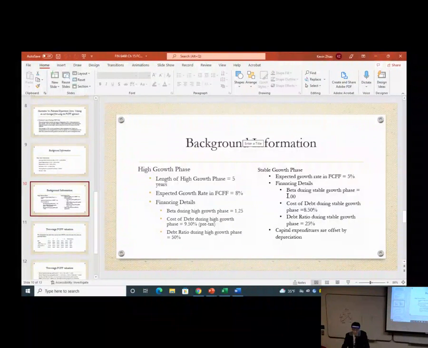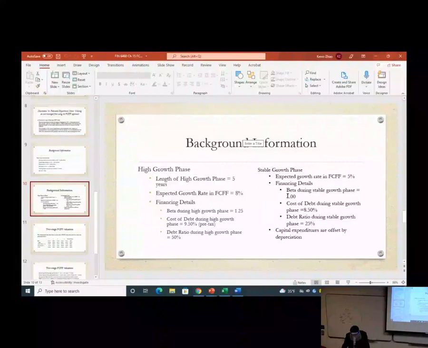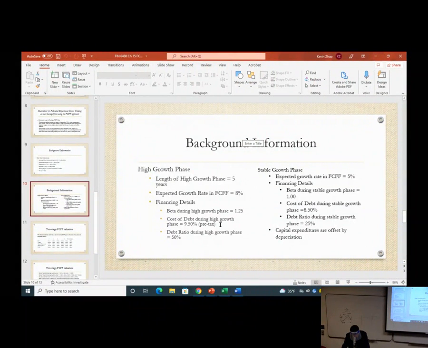And the second, your cost of debt will be different. Cost of debt during the high growth time period would be 9.5%. But for the stable growth time period, because the company becomes less risky, cost of debt should be lower. And you make an assumption on debt ratio during a high growth time period. Because the company needs to grow, of course, the company needed to borrow more money to generate growth.